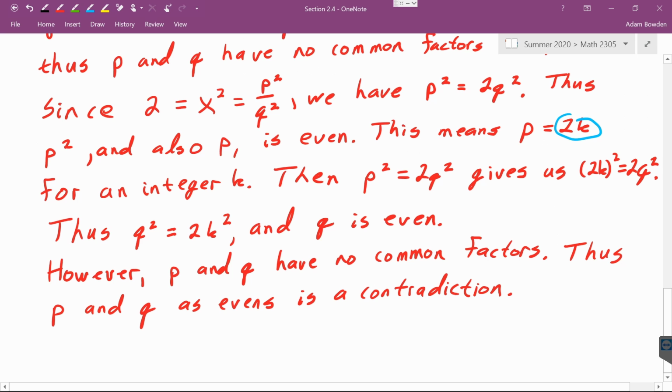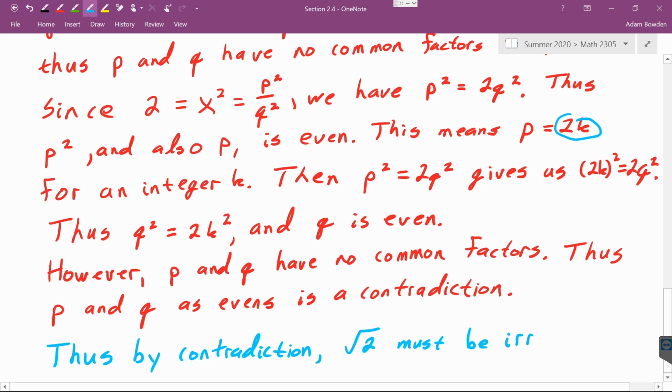Therefore, we now have the ability to say that what we assumed from the beginning is wrong and the opposite is true. So at the very end, we can say, thus, by contradiction, the square root of 2 must be irrational. So that's a full proof that shows that it's irrational here.